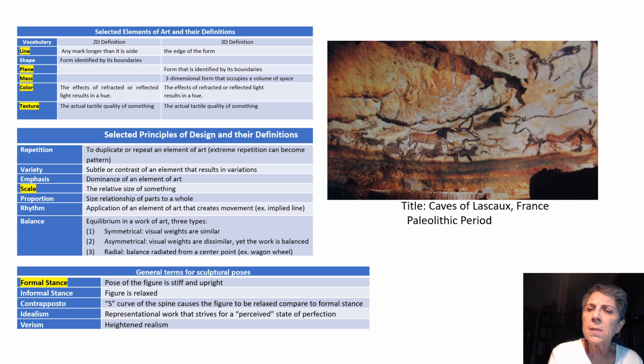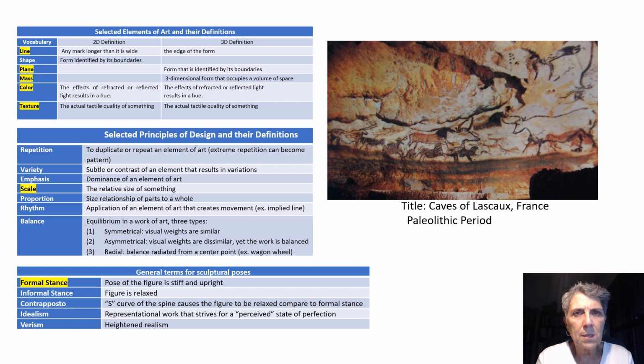And a formal stance is like the Egyptians use formal stance, the Greeks informal. Formal is like stiff, you're at attention if you're in the military. At ease is informal. So you want to use that because the Sumerians, actually all ancient except for India, it's very interesting, except for India, all ancient sculptures were formal.